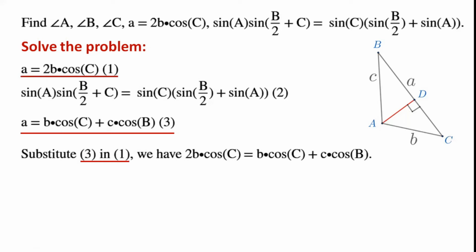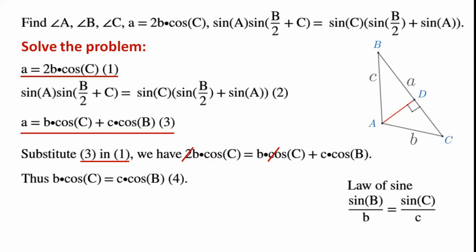We have 2b cos C = b cos C + c cos B. The b cos C on the left-hand side of the equation and that on the right-hand side cancel. Thus, b cos C = c cos B.